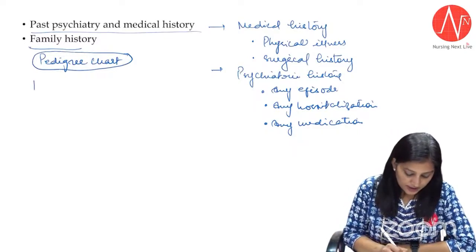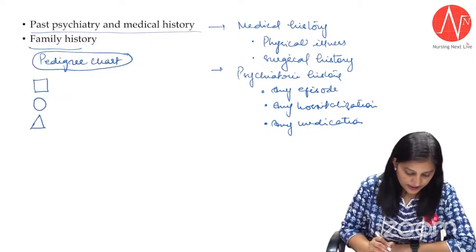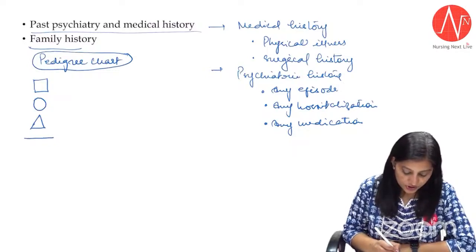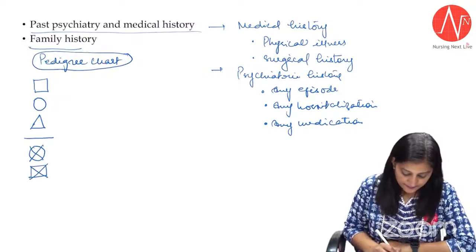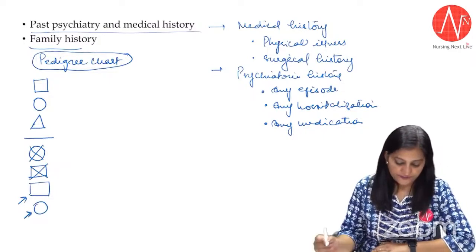So let me tell you, this is male, this is female, this is known as pregnancy, this is known as relationship, this is a female who died, this is a male who died, and if we put an arrow here, this means this is a male patient, this is a female patient.